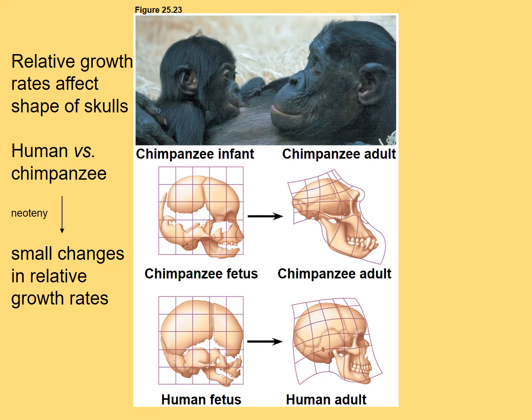You can see there's a different size of the bones as well. However, this is due to a change in the rate of development. Basically, chimpanzees are a lot faster in terms of development relative to humans. So there was a slowing of development in humans.